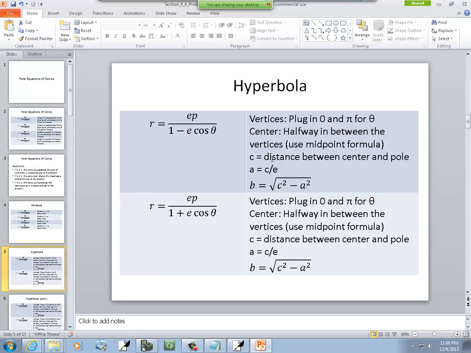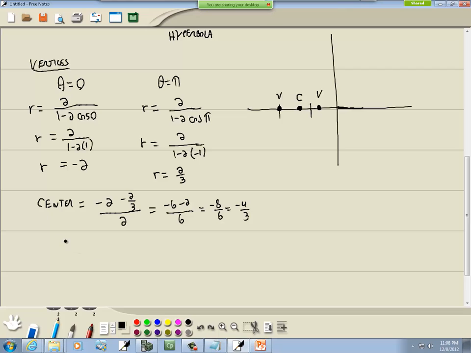Next thing it says is to find C. C is the distance between the center and the pole. Well, here's the center and the pole, and the distance we want positive. Well, the center is at negative 4/3, so this will be 4/3.